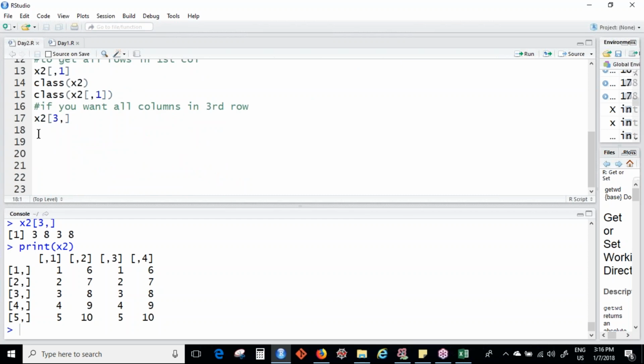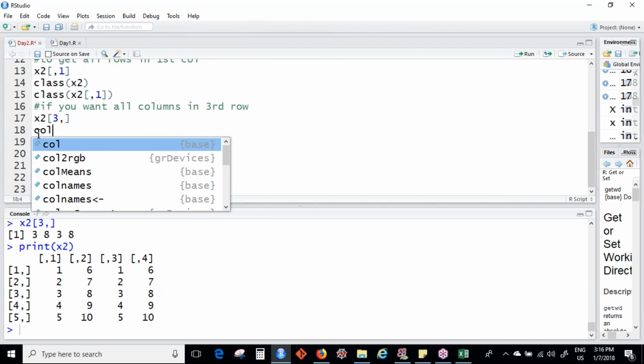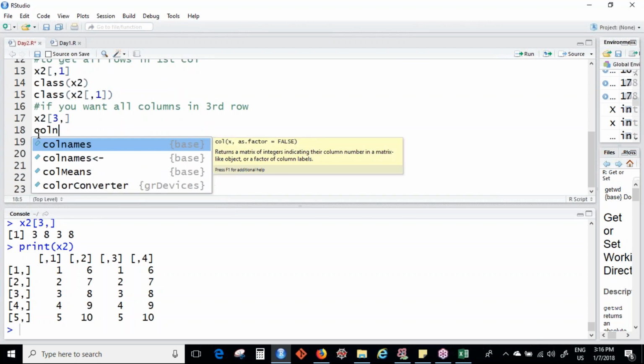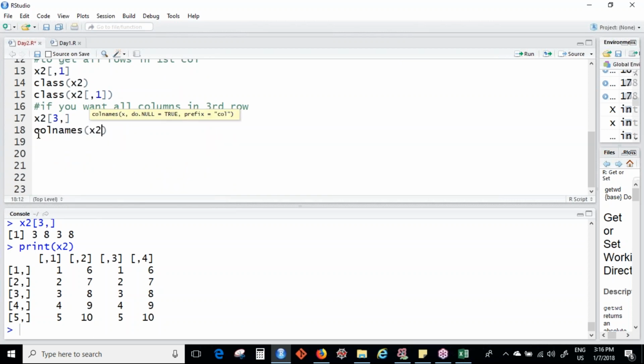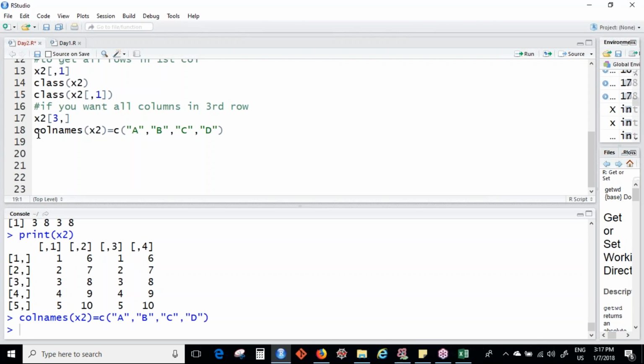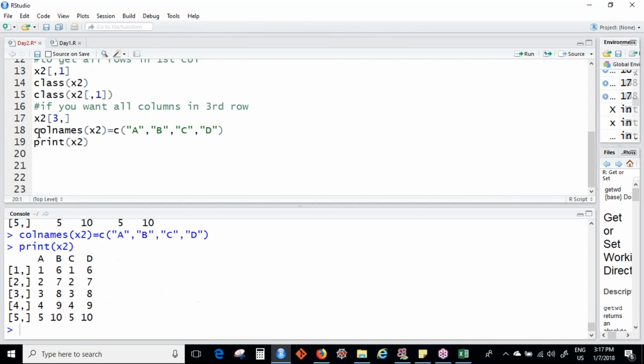Now you can give names also to the columns. You can write colnames of x2 and give some names if you want. Since we have 4 columns, I'll have to write 4 names. So I can write A, B, C and D. Then if I print x2, I will have column names instead of those numbers that we saw.